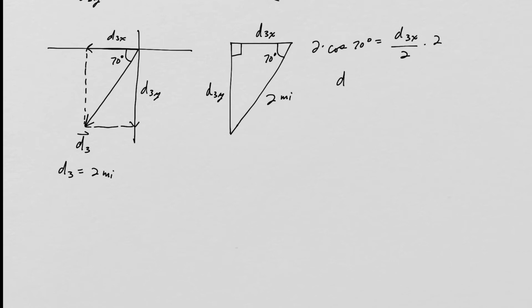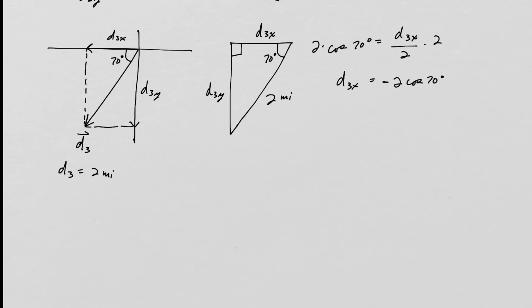So then d3x is going to be 2 times cosine of 70 degrees. However, because it's pointing to the left, I know it's got to be negative. So I have to look back at the original picture because the vector's in the third quadrant, d3x is pointing to the left, so I know it's negative. So this is actually going to be negative 2 times cosine of 70 degrees.